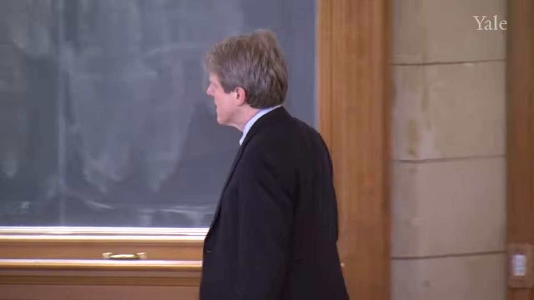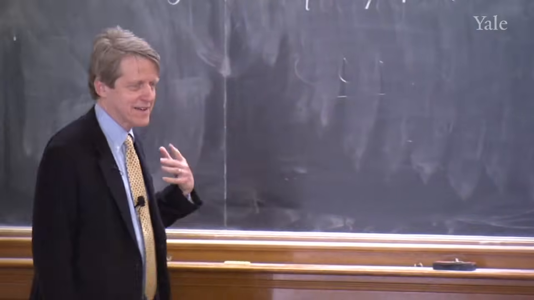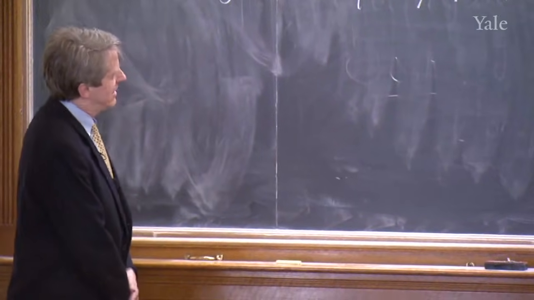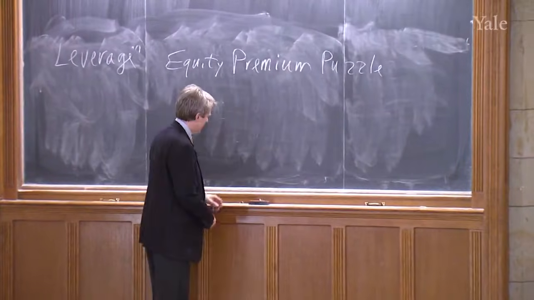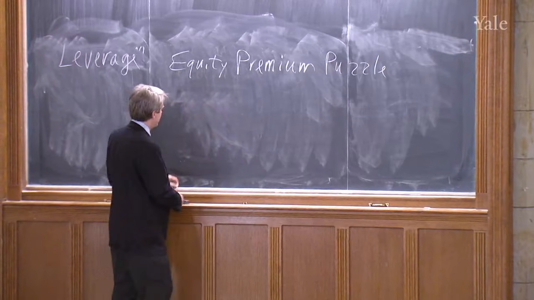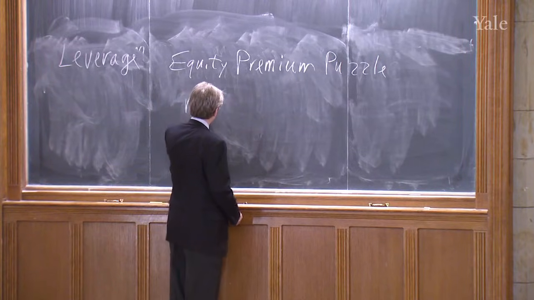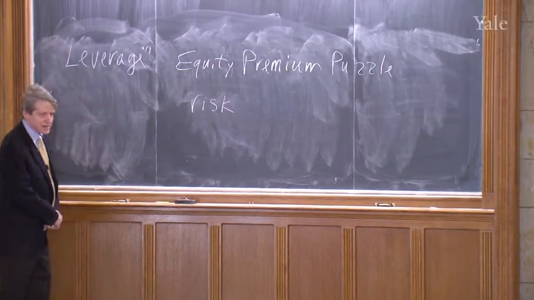So that's an interesting question. How can it be that some asset, namely stocks, outperforms all other assets? Okay, so what is the standard answer? Why is it? The standard answer is risk. Stocks are riskier.